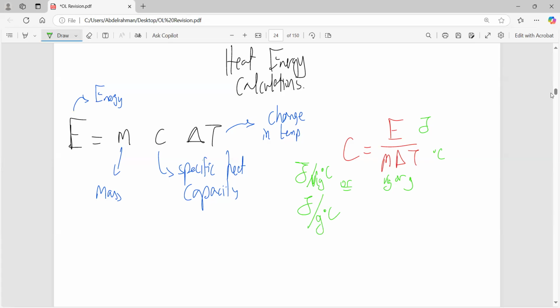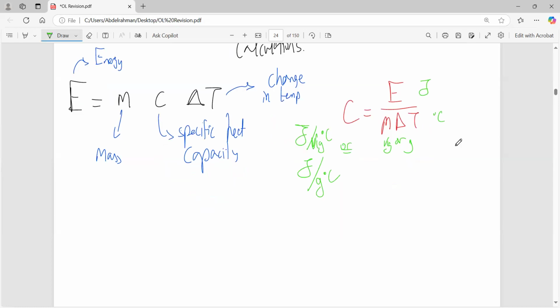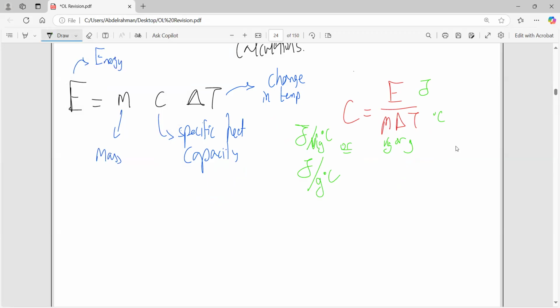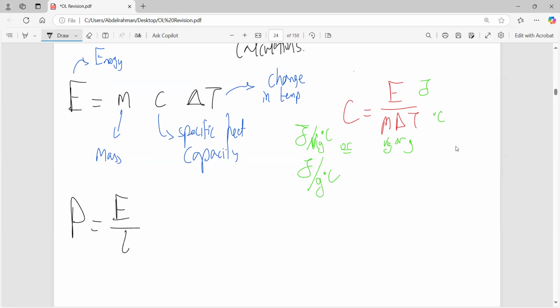Okay, that's it. Most of the questions tell you to find the energy lost or the energy gained. Sometimes you're asked to find the energy or the specific heat capacity, but he provides you with the power. What is power, guys? Power is energy over time.